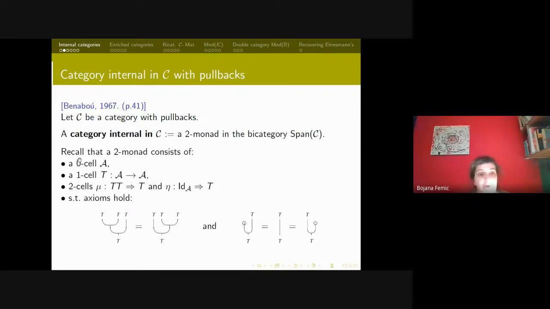First, in general, I recall here a monad in a general 2-category K. It consists of a 0-cell A, an endo 1-cell T that acts on A, and 2-cells mu from TT to T and eta from identity on A into T, such that these two axioms hold, one saying associativity of the multiplication, and then here the unitality of multiplication.